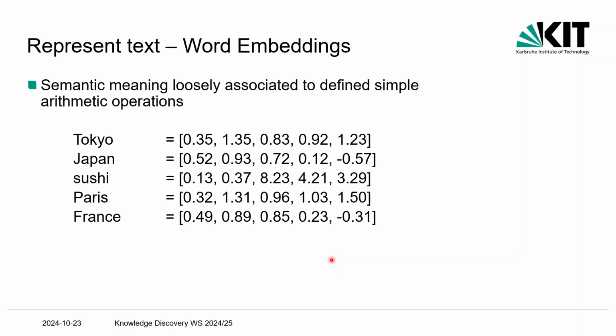So let's say, for instance, we have again our prior embeddings from before for Tokyo, Japan, sushi, Paris, and France, but now they look this way. They have real values, and as you might see, we want these entries to have some kind of meaning. For us, for humans, it might not be immediately obvious, but they might have a certain kind of meaning that's implicitly in it.